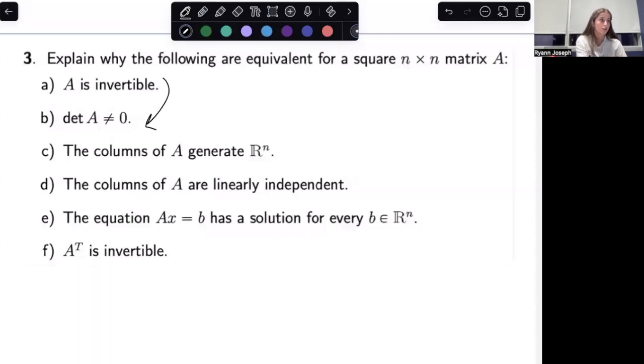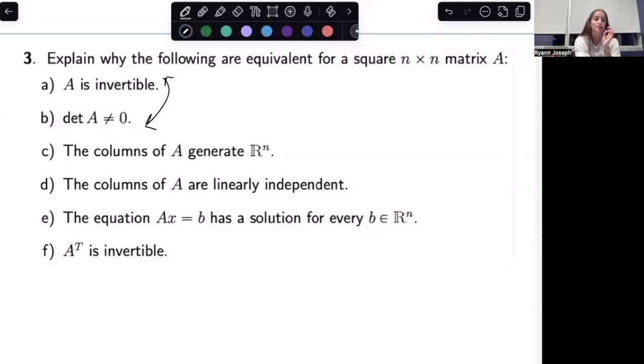these imply each other because the row operations either leave the determinant alone or multiply it by a non-zero constant. So when you do these row operations, your determinant is not going to be affected, or it's going to keep its zero or non-zero-ness.